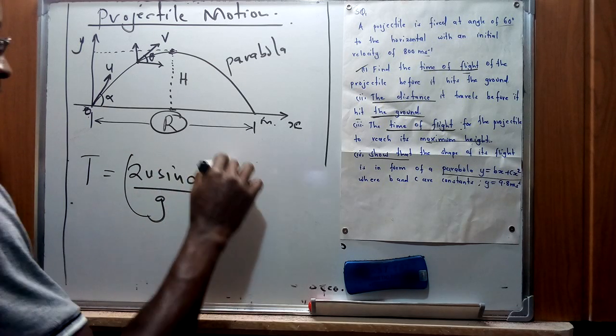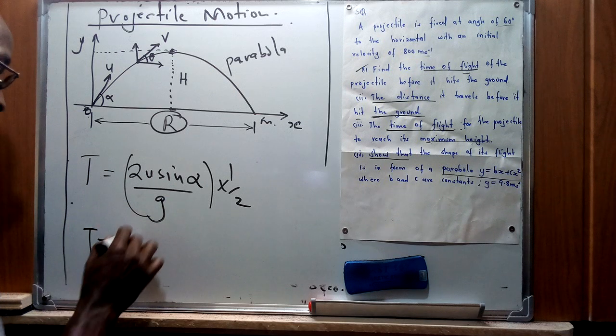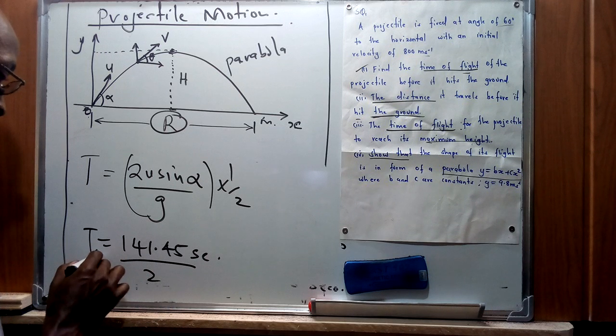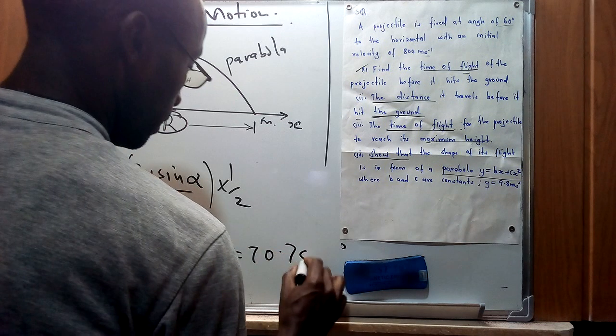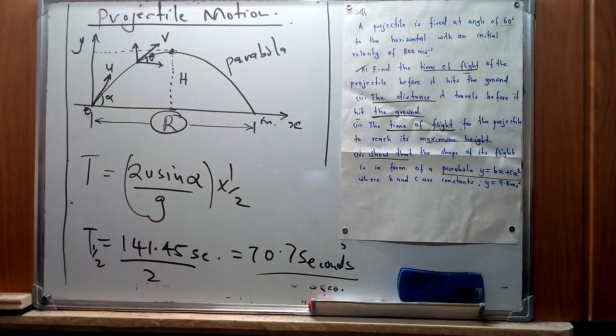So this is half the time of flight for it to reach the maximum height. We had found that t was 141.45 seconds, so we divide this by 2 in order to find the time for the projectile to reach the maximum height. This is going to give us 70.7 seconds, to 1 decimal place. Therefore, that represents the time of flight for the projectile to reach the maximum height.